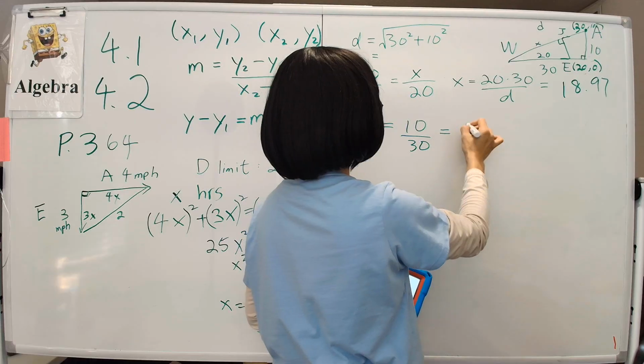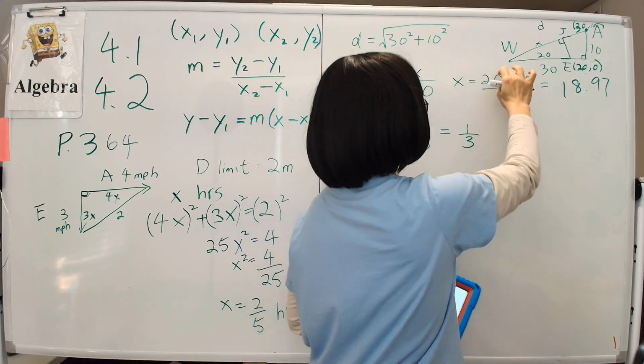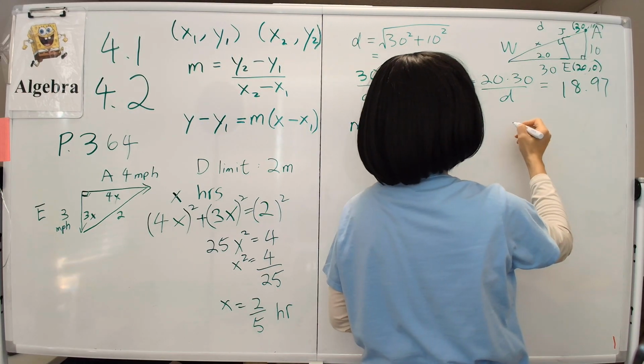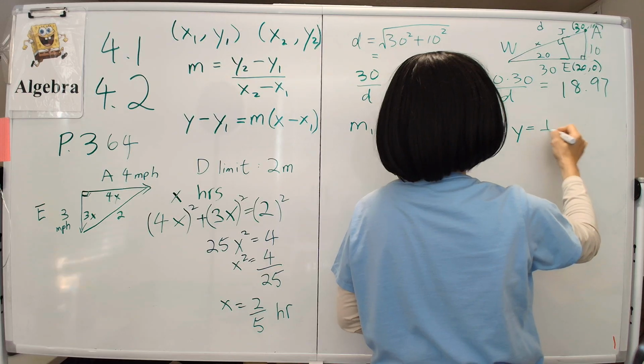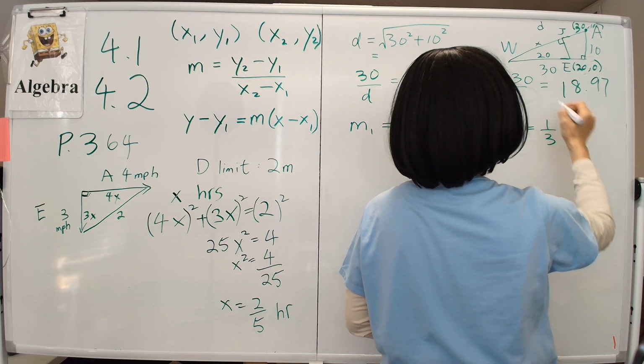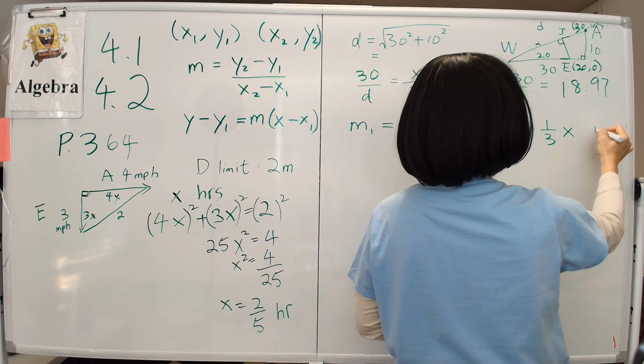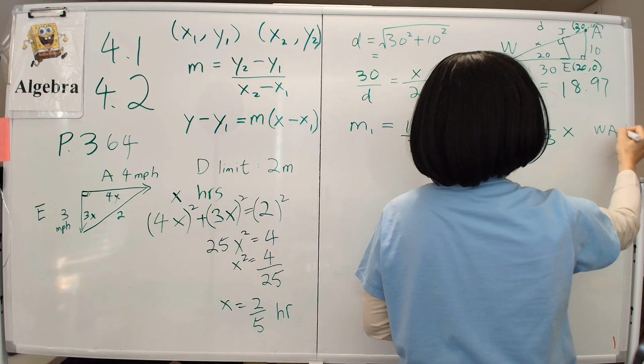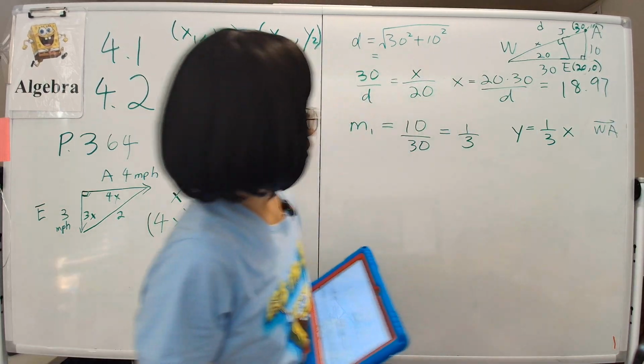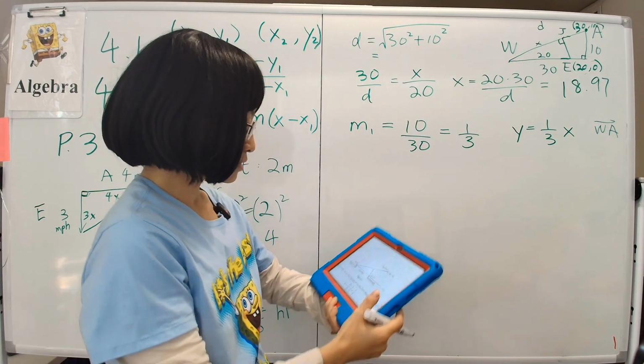And that will be equal to 1/3, which means the equation of this line, we can call it y equal to 1/3 of x. So that's the first line, and this is the line from W to A. I'll write it this way: from W to A is y equal to 1/3 x.